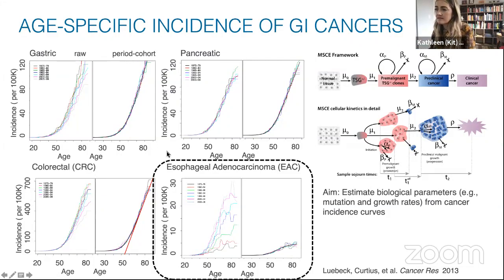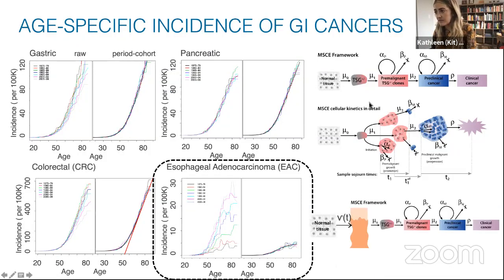But you'll notice that esophageal adenocarcinoma looks a little different. First of all, it's seen a huge explosive amount of growth since 1975 in men. And why the curves look a little bit different is that this is not the perfect model for esophageal adenocarcinoma. It actually needs an additional stage because you don't immediately go from normal to pre-malignancies, what we call dysplasias in the esophagus.